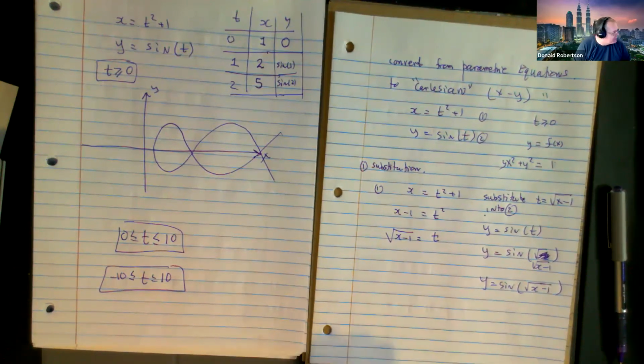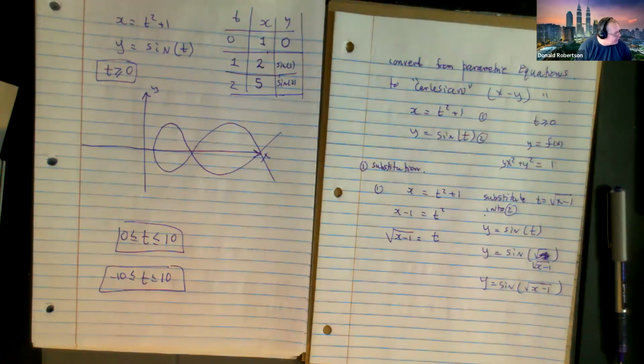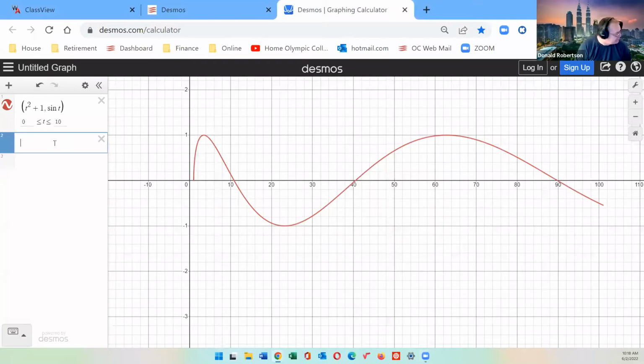Right. Now, I'm going to take that and go back to Desmos. And I haven't tried this before, so I hope it works. I'm going to do y equals the sine of square root of x take away 1, bracket.